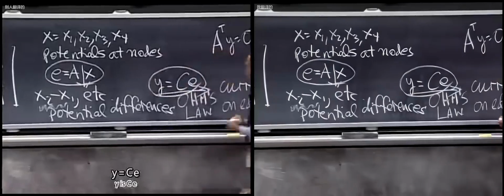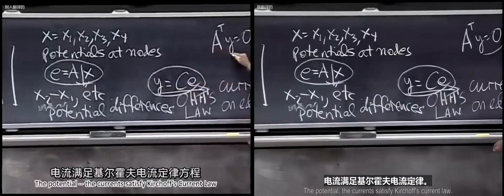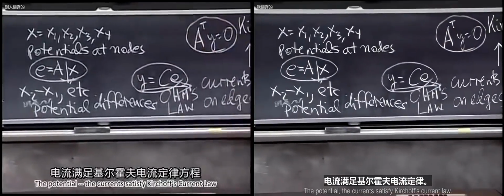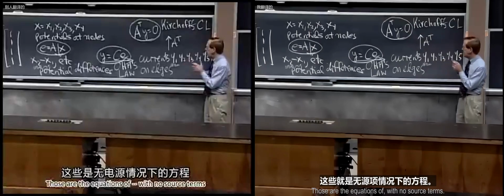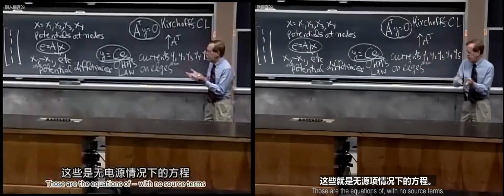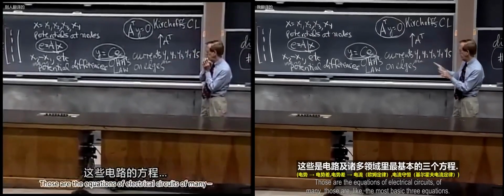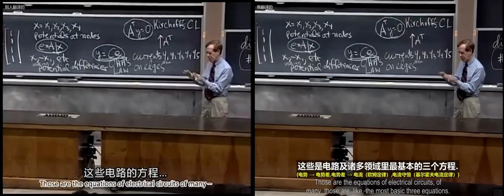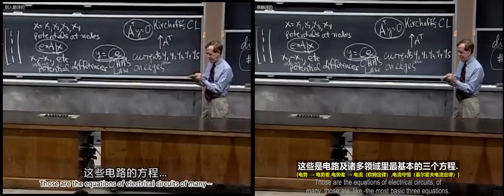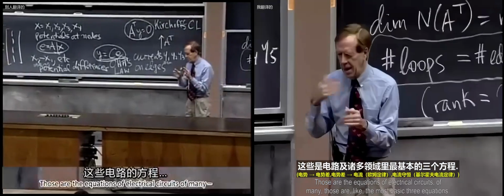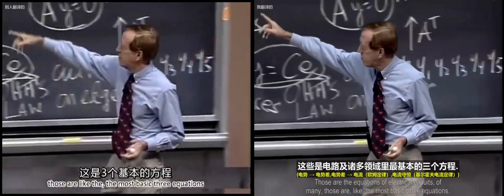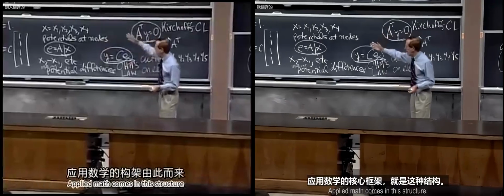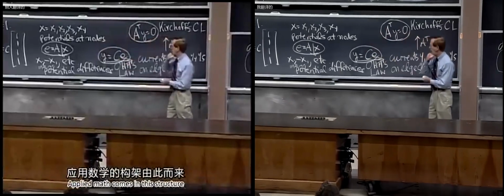Y is CE. The currents satisfy Kirchhoff's current law. Those are the equations with no source terms. Those are the equations of electrical circuits, of many, those are like the most basic 3 equations. Applied math comes in this structure.